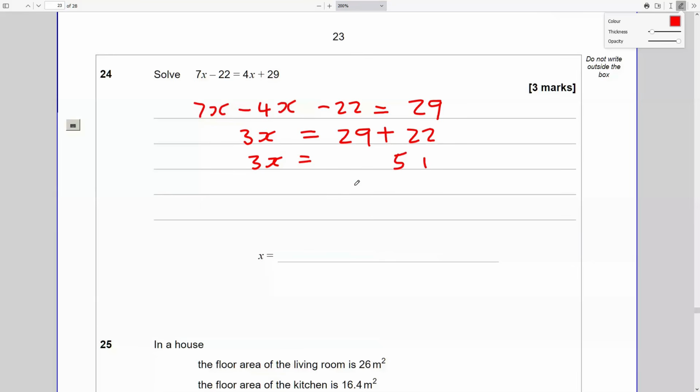Is that right? Yes, 51. I think that's going to go exactly. So x equals 51 over 3. 3's into 5 go once. We've got 2 left over, which is 21. 3's into 21 is 7. The answer is 17.